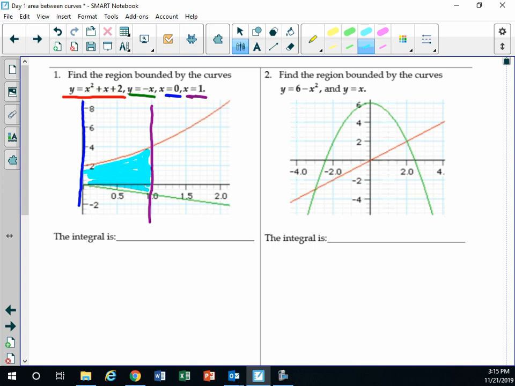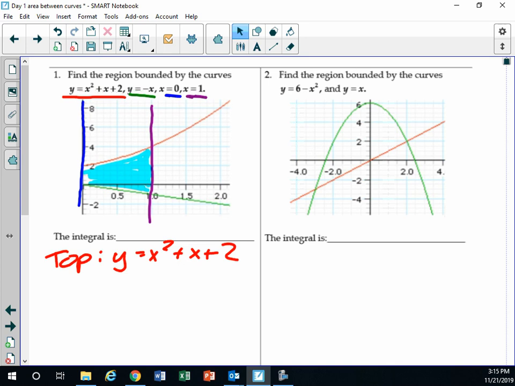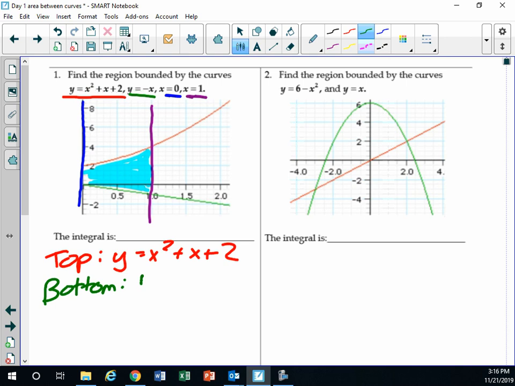Here's what you need to know. Whenever you're doing these, you just need to know what's the top and what's the bottom. So the top is literally going to be the red, y equals x squared plus x plus 2. And the bottom is literally going to be the green, y equals negative x.